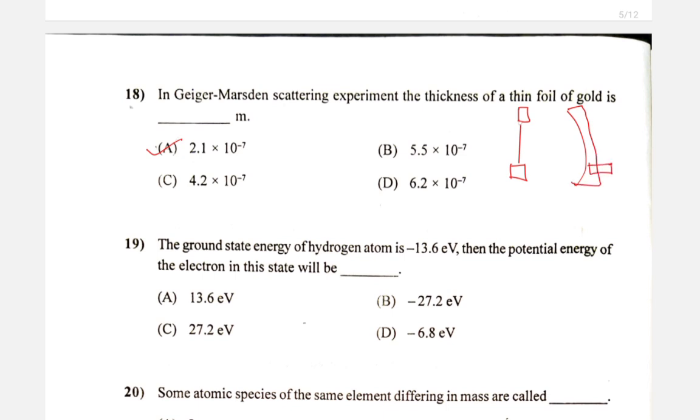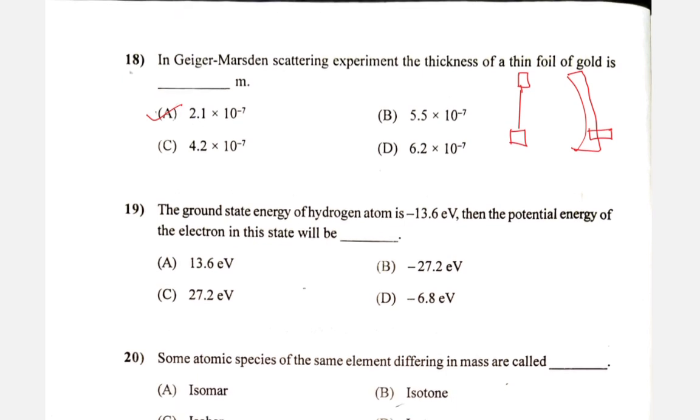Why is gold foil used here? Because gold has the property of ductility, and its ductility is very high. So gold foil can be hammered to make it very thin, and this thickness is 2.1 into 10 to the power minus 7 meters.